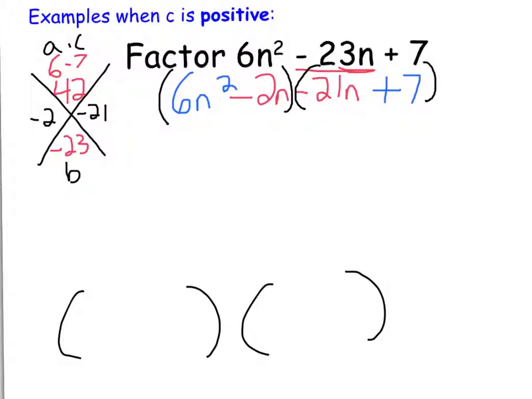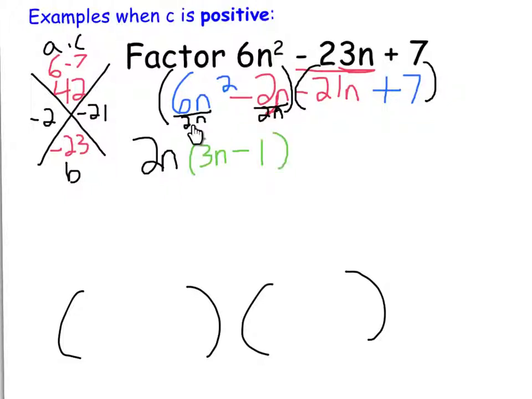Now I'm ready to go like this, and I'm going to factor. So, what's the biggest number that can divide 6 and 2? The biggest number that can divide 6 and 2 is 2. And I see an n here and an n here, so I can take one n out. What will be left after I divide this by 2n and I divide this by 2n?